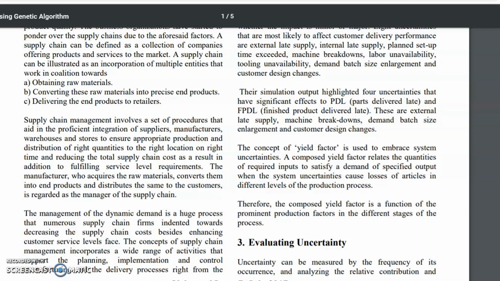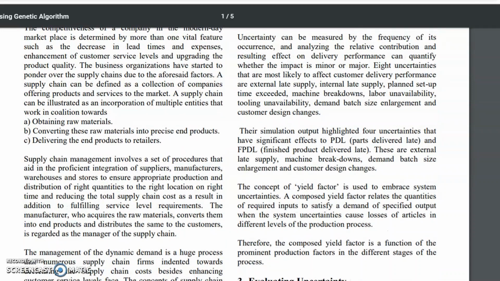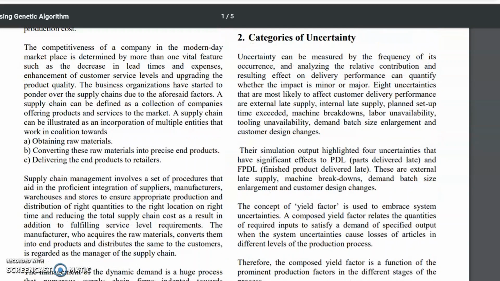And so considering that there are a lot of uncertainty factors, there are 8 uncertainty factors that will affect our delivery performance. They are the late supply, internal and external, planned setup time exceeding, machine breakdowns, labor unavailability, tooling.